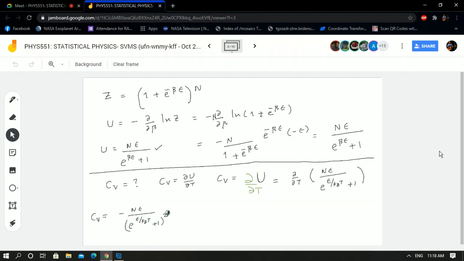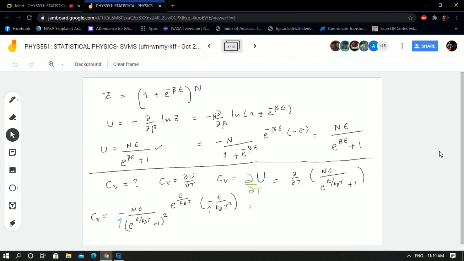This minus sign is coming because of this differentiation, and differentiation of this one, that is e to the epsilon by kbt, gives minus epsilon by kb t square. Correct? So this minus sign here and this minus sign here will become plus.